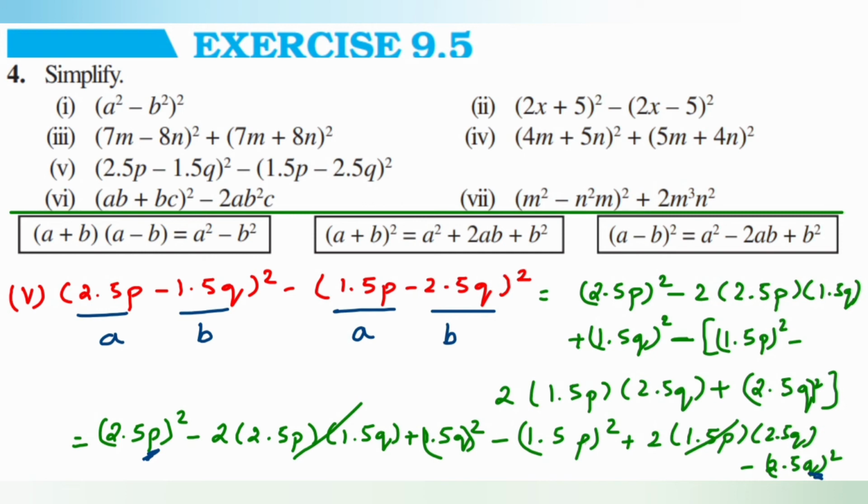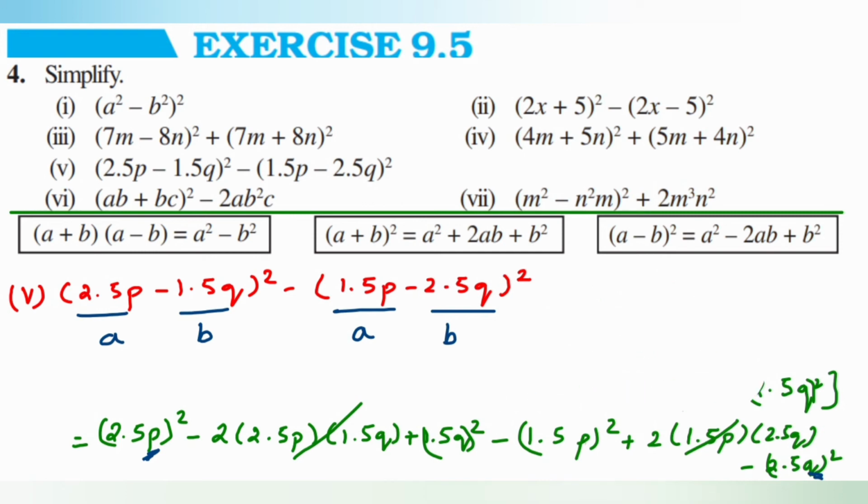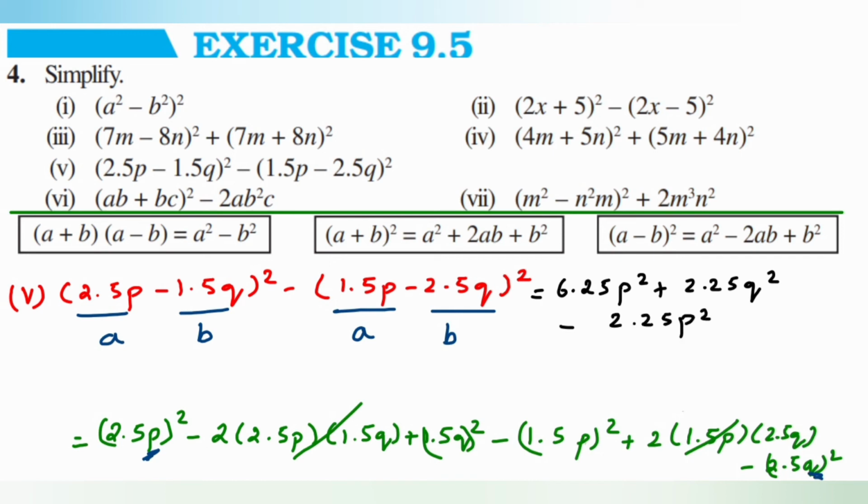So from here this is equal to, now 2.5 square will be 6.25. So 6.25p² plus 1.5 square will be 2.25, so 2.25q², then again minus (1.5p)² will be 2.25p² minus 6.25q².